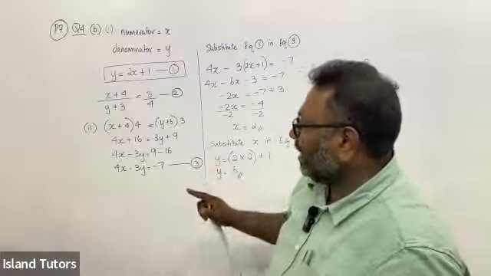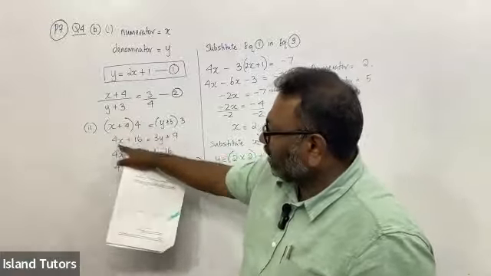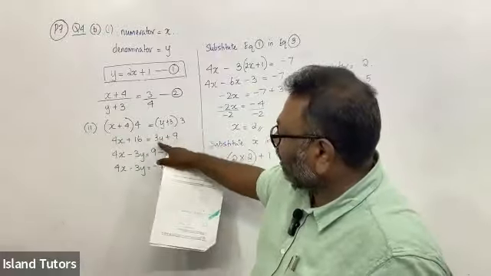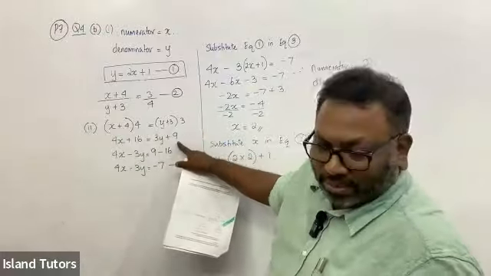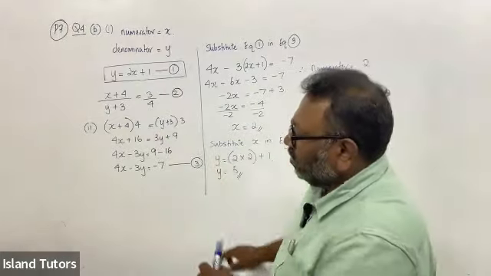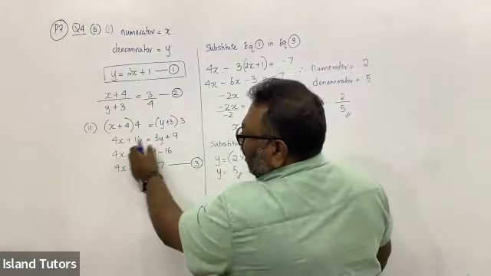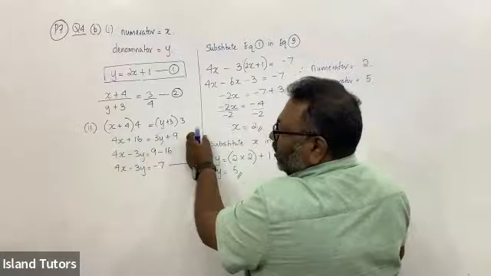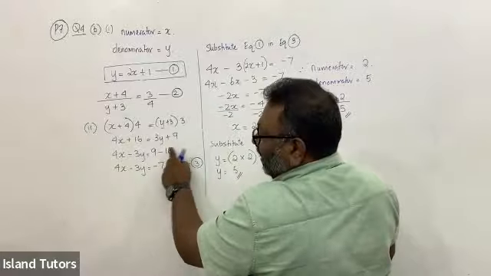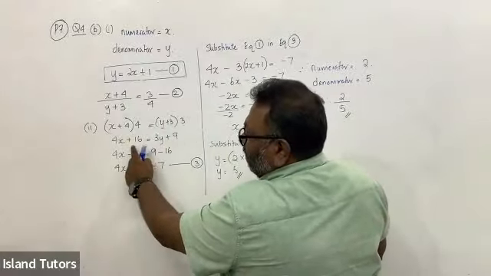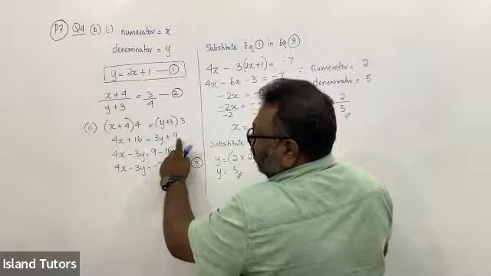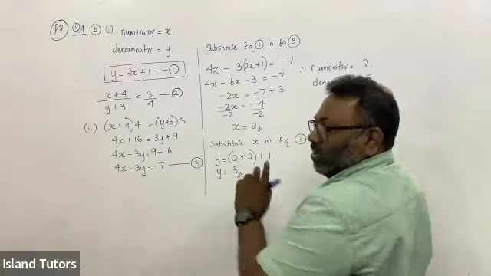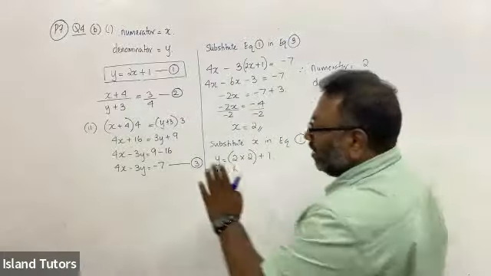Then we simplified: 4 into x is 4x, 4 into 4 is 16, 3 into y is 3y, 3 multiplied by 3 is 9. Then I took all the unknowns, 4x and 3y, together, and 16 I took to the other side, so plus becomes minus. So 4x minus 3y is equal to 9 minus 16, which is minus 7. That is your third equation.